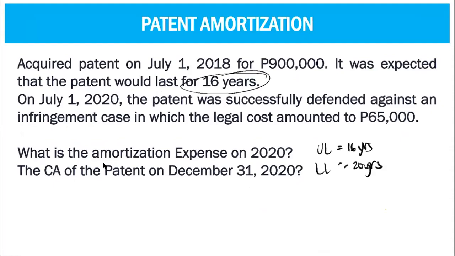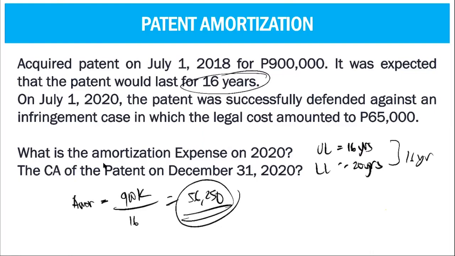So what do we use as the base year for the computation of your amortization? Amortization is equal to 900,000 divided by the lower between the two, 16 years. So what is your annual amortization expense? 900,000 divided by 16 is 56,250.